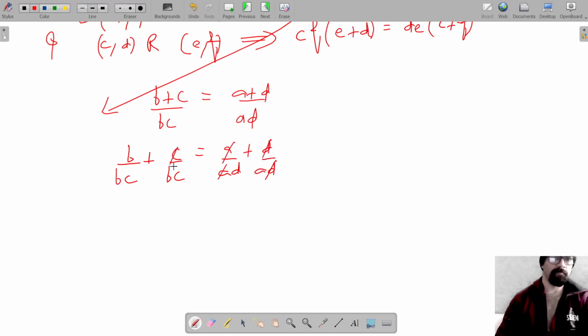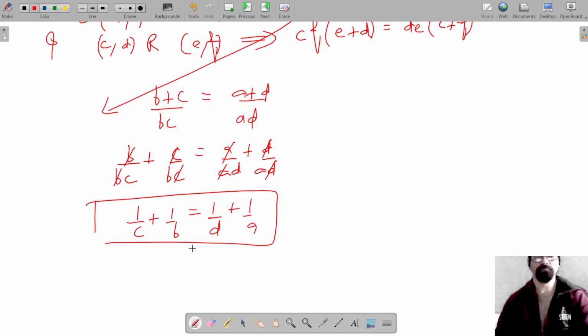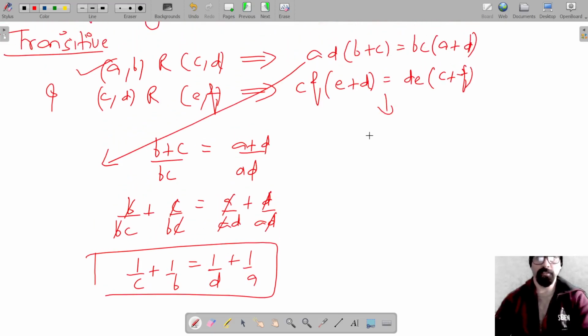This gets cancelled, and finally I have 1 upon C plus 1 upon B is equal to 1 upon D plus 1 upon A. Next, if I use the other one, I can write it as (E plus D) upon DE is equal to (C plus F) upon CF.